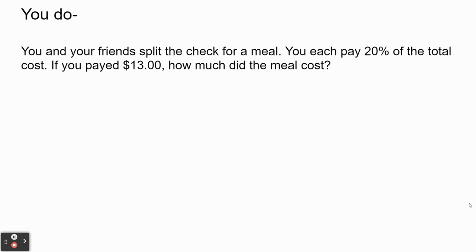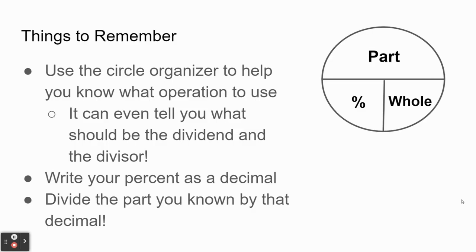Ready, go. So, things to remember from this video. First off, this circle organizer tool is really helpful. It can help you know which operation to use. If you have a percent and a whole, you're going to do some multiplication. If you have a part and a percent, you're going to do some division.